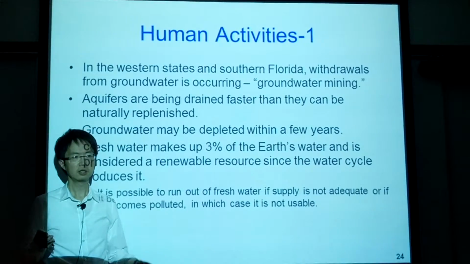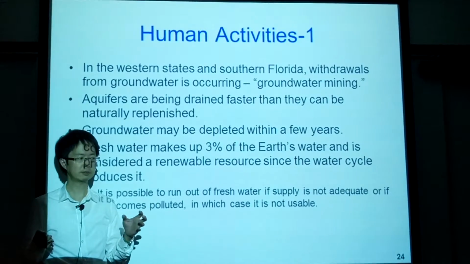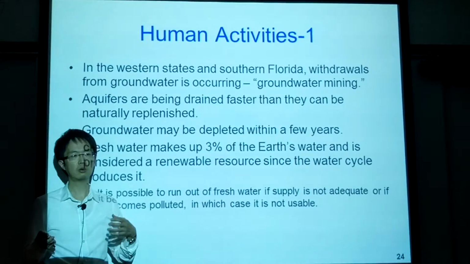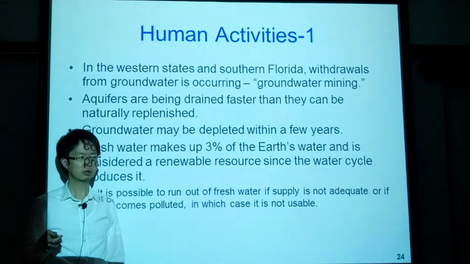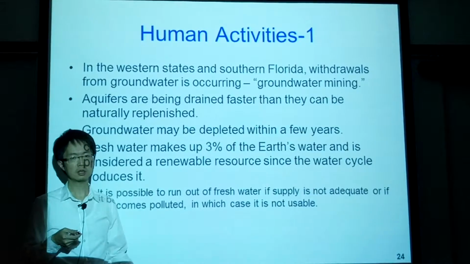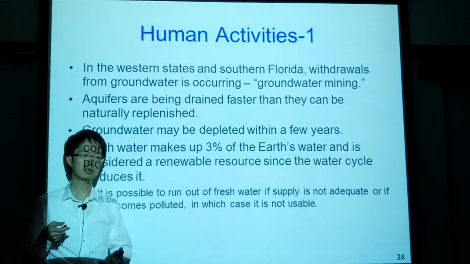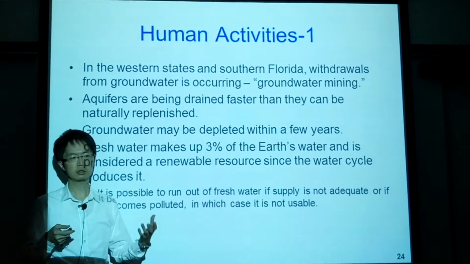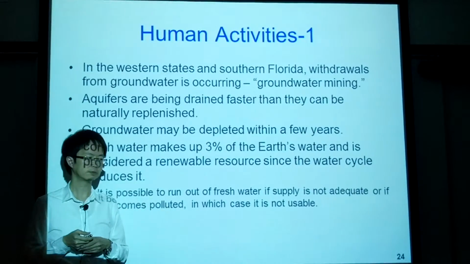The reason is that the process of manufacturing those transparent plastic water bottles actually uses a lot more water than the water contained in the bottle. So when you buy bottled water, you not only consume the fresh water in the bottle, but you indirectly use a lot more water because of the manufacturing of those plastic bottles.